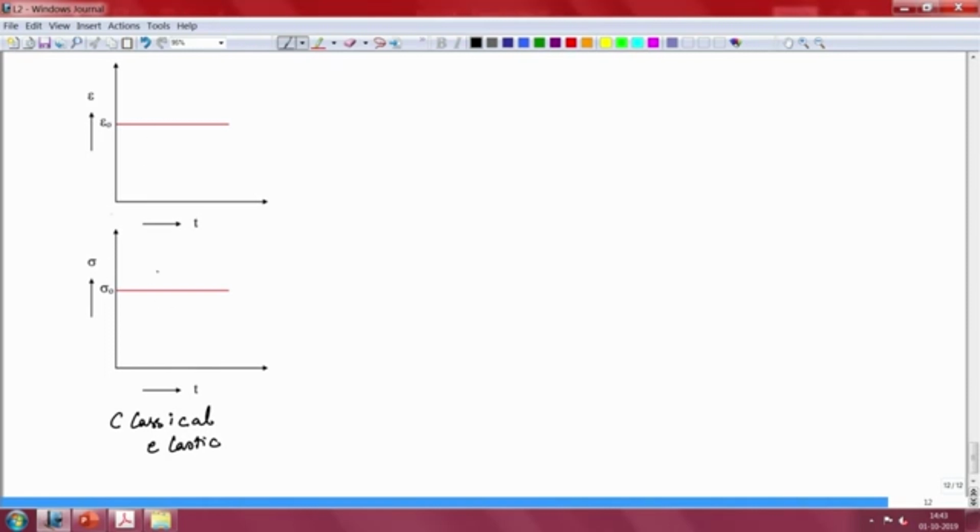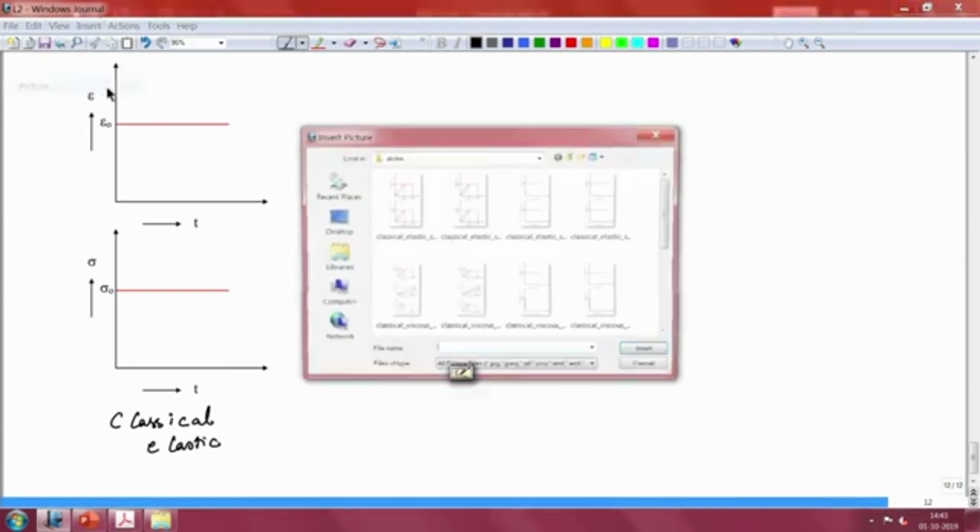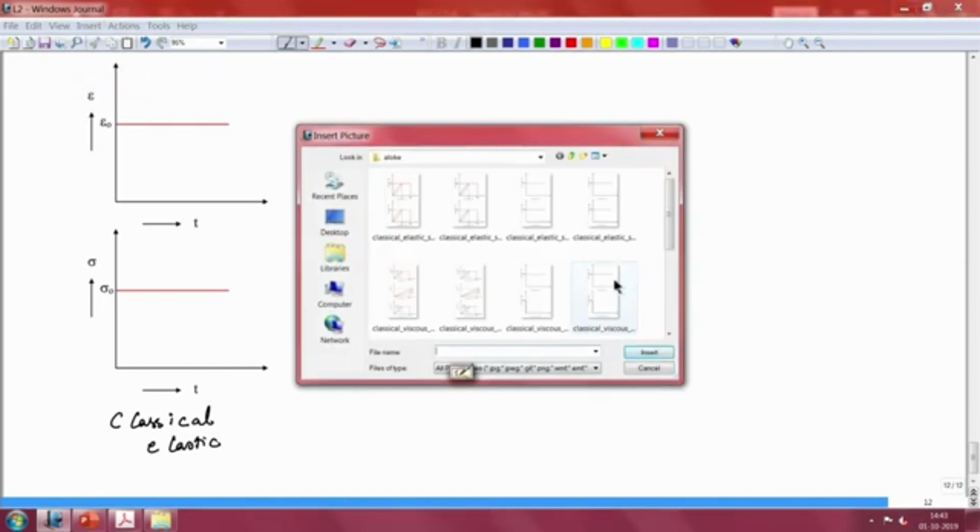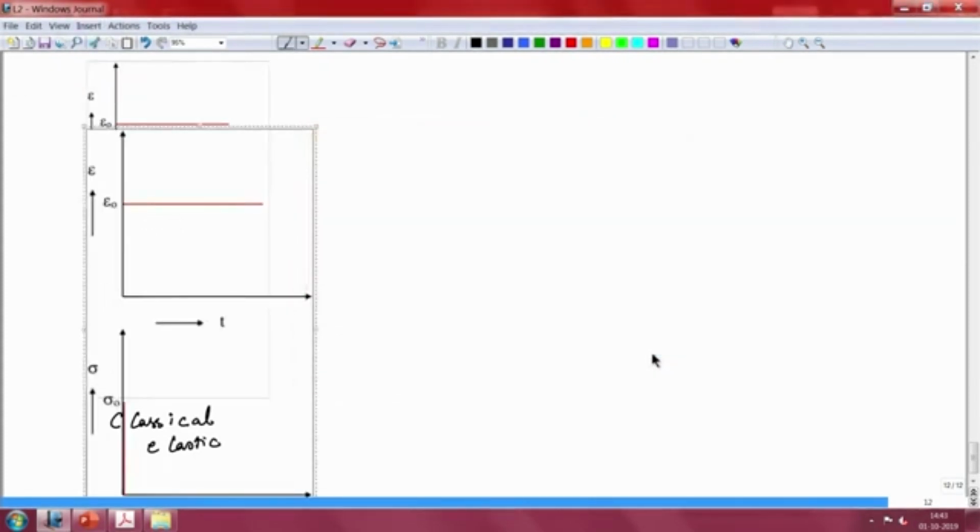Even though you had flipped the experimental parameter, there was no perceptible change. But in the case of the classical viscous fluid, that is quite different.